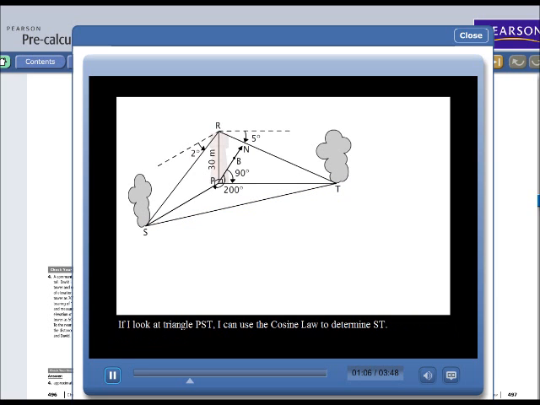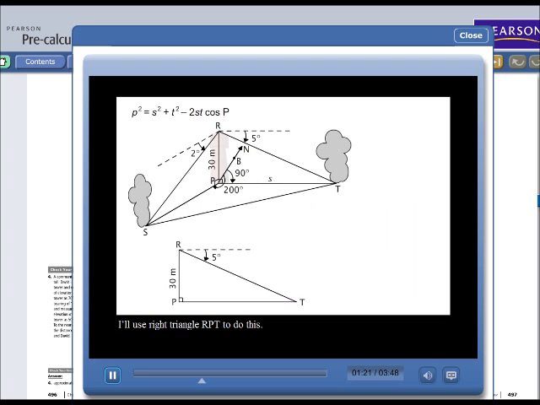If I look at triangle PST, I can use the cosine law to determine ST. First, I need to determine S or PT. I'll use right triangle RPT to do this. Angle R is 90 degrees, subtract 5 degrees, or 85 degrees. I'll use the tan ratio to determine PT.